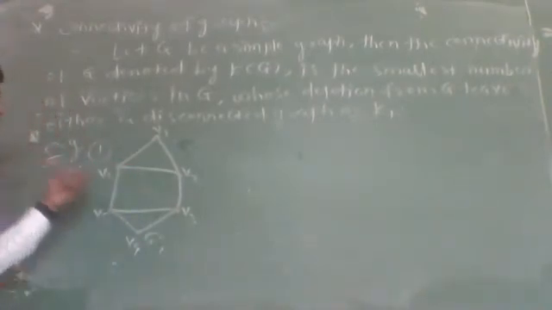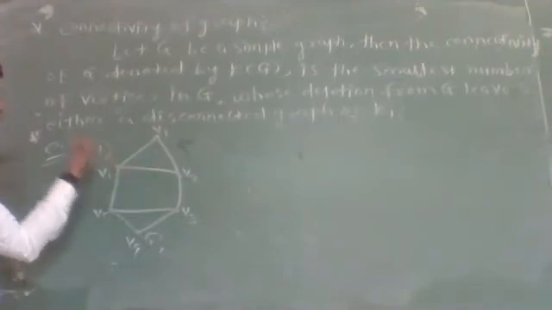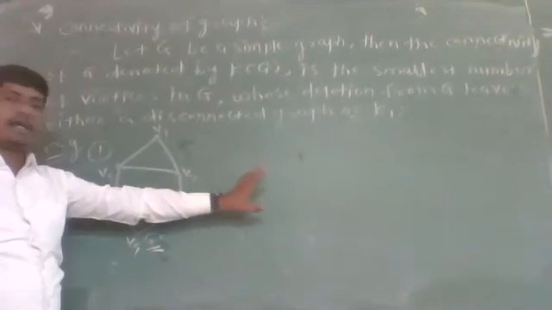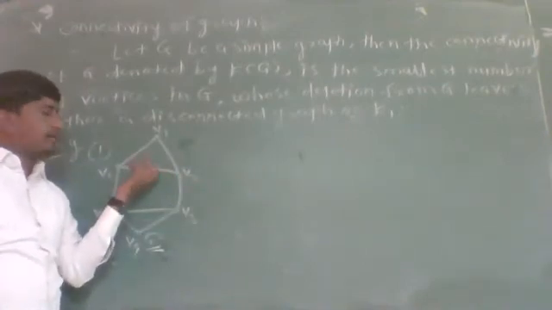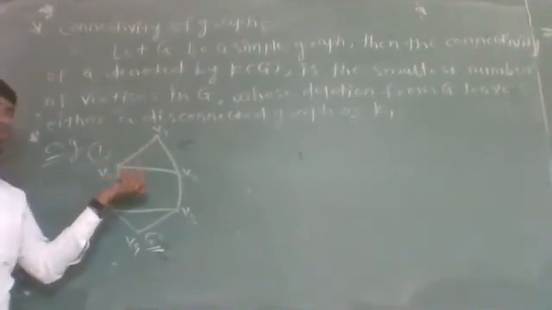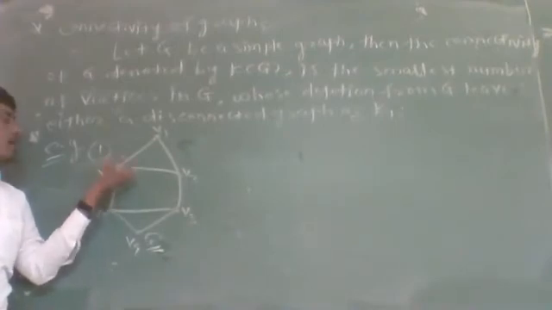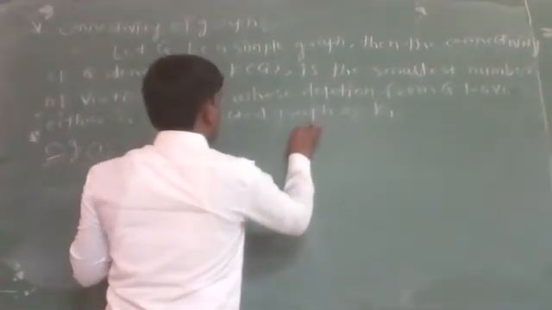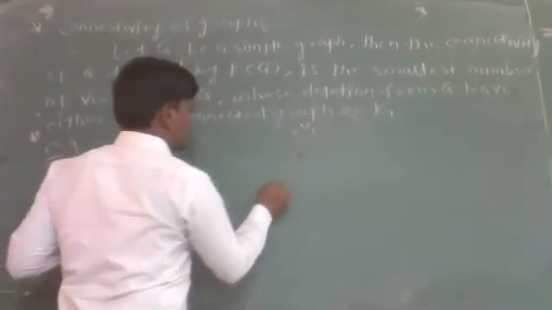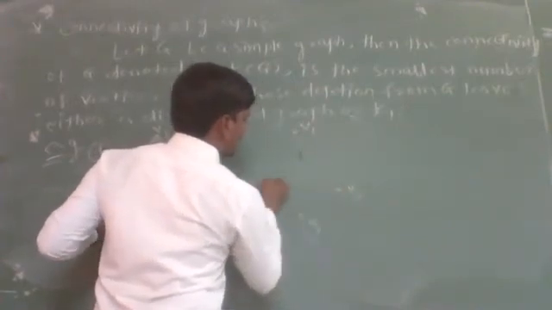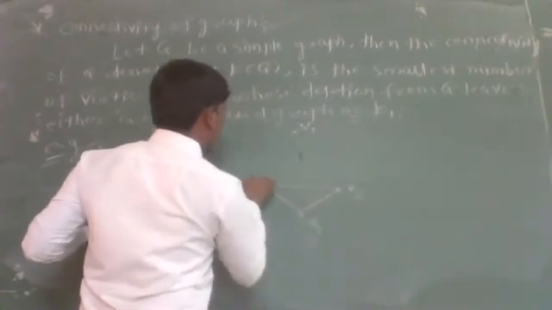If you remove any vertex from graph G, then the graph remains connected and the number of connected components remains the same, since it has no cut vertex. But if we remove more than one vertex from this graph, then it becomes a disconnected graph. For example, if we remove vertices V2 and V6, here is V1, and we have removed V2 and V6, here is V3, V4 and V5.